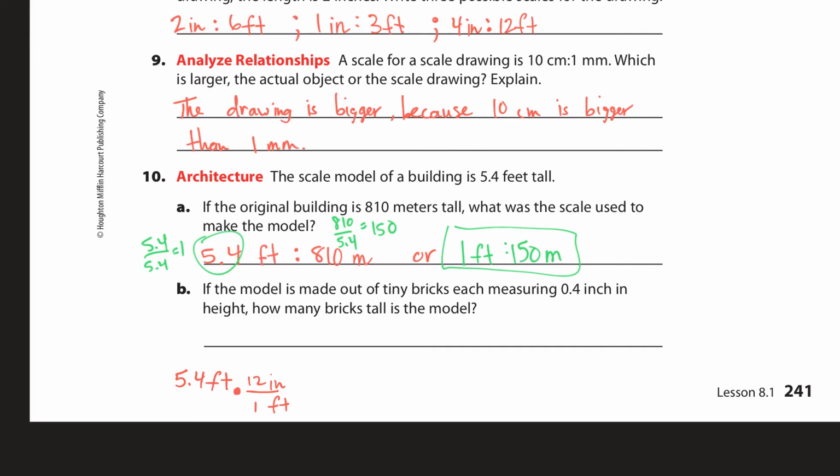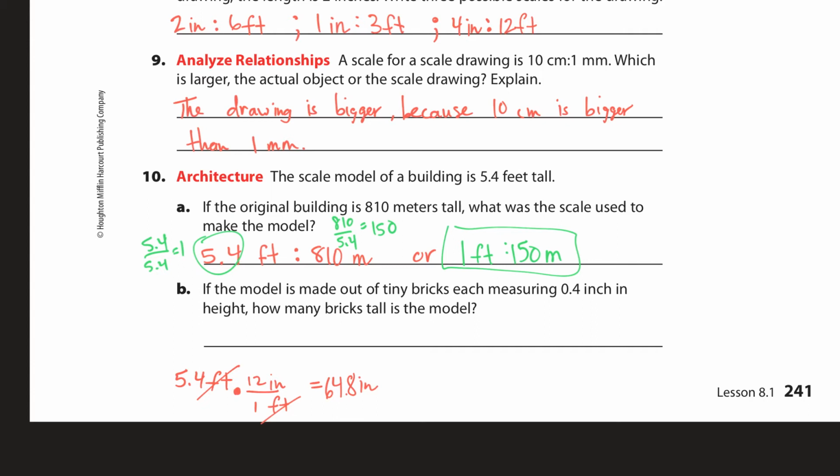Now I'll cross out my feet, and I'm left with inches. I want to know how many inches it is. And it turns out I multiply 5.4 times 12. That is 64.8 inches.